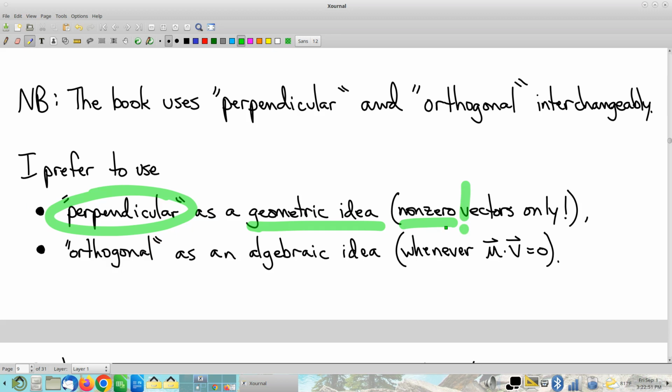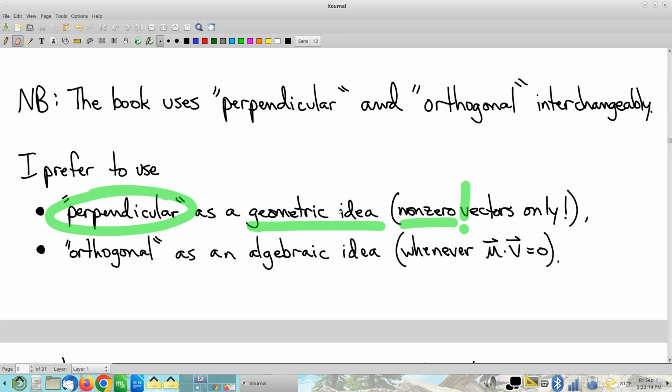Doesn't make any sense to talk about what's the angle between this vector and the zero vector. The zero vector doesn't have a direction. It doesn't point at all. Therefore, it doesn't point in a direction. Therefore, it's not perpendicular to anything. That makes sense?